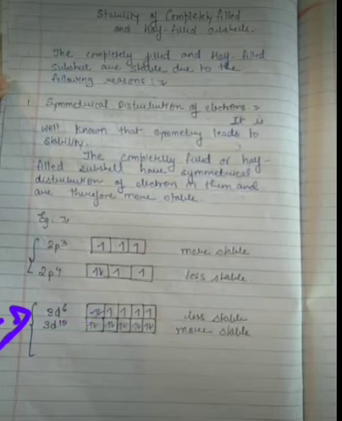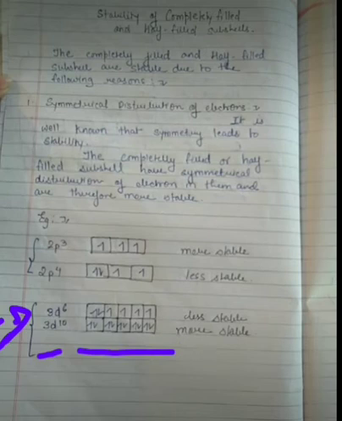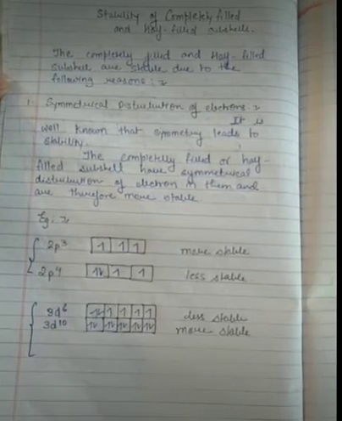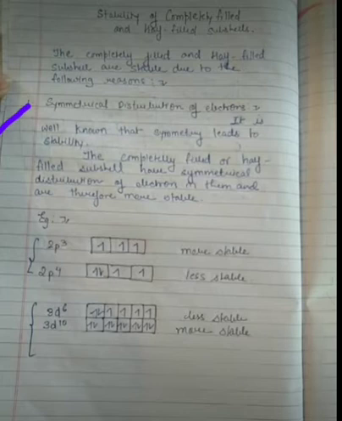But students, in case of d10 you can see that in each orbital there is an equal number of electrons, or basically we can say that there is symmetry. So students, this is the very first guiding rule which explains the stability of completely filled and half filled orbitals over less filled orbitals. So the completely filled or half filled subshells have symmetrical distribution of electrons in them and therefore are more stable.